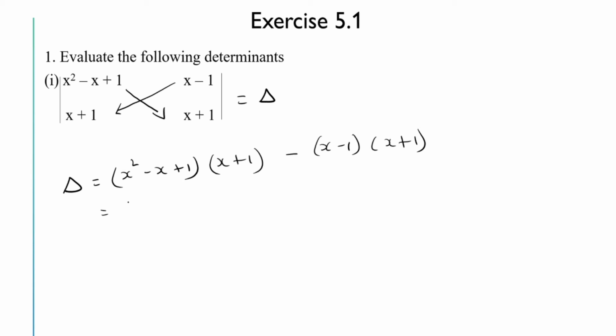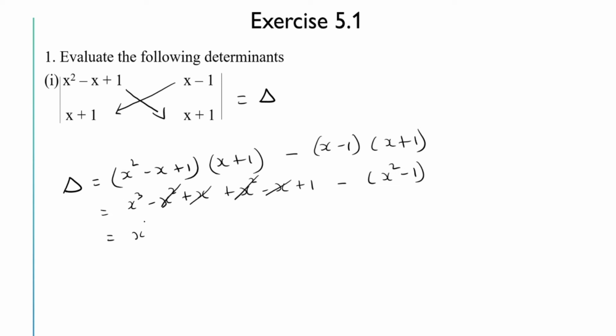So this is equal to x cube minus x square plus x square minus x plus 1 minus x square minus 1. Here we have minus x square plus x minus x.